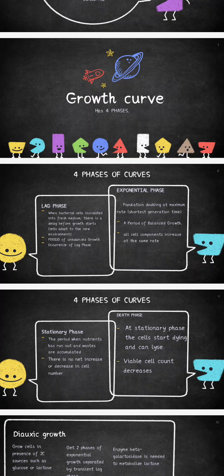In your lag phase, not all cell components will replicate at the same rate as compared to your exponential phase. The duration of your lag phase depends on the conditions of the culture.